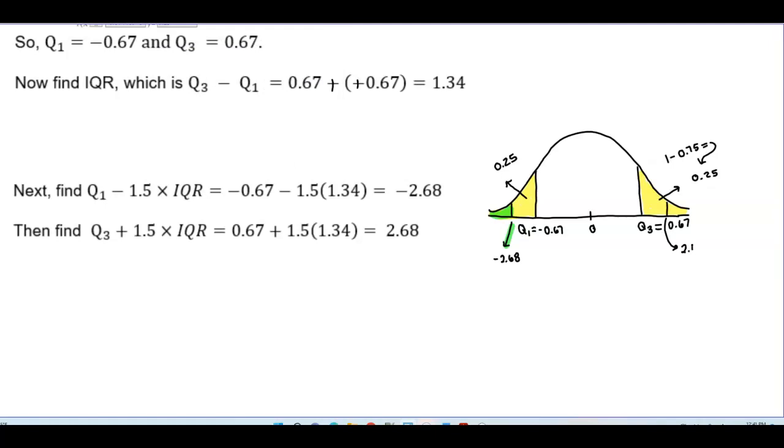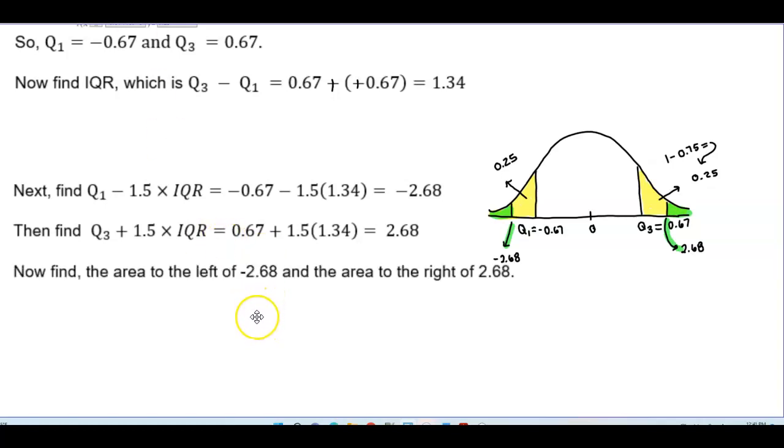So this is 2.68, and we want to find the area that's to the right of that value. So now we want to find the area to the left of negative 2.68 and the area to the right of positive 2.68.